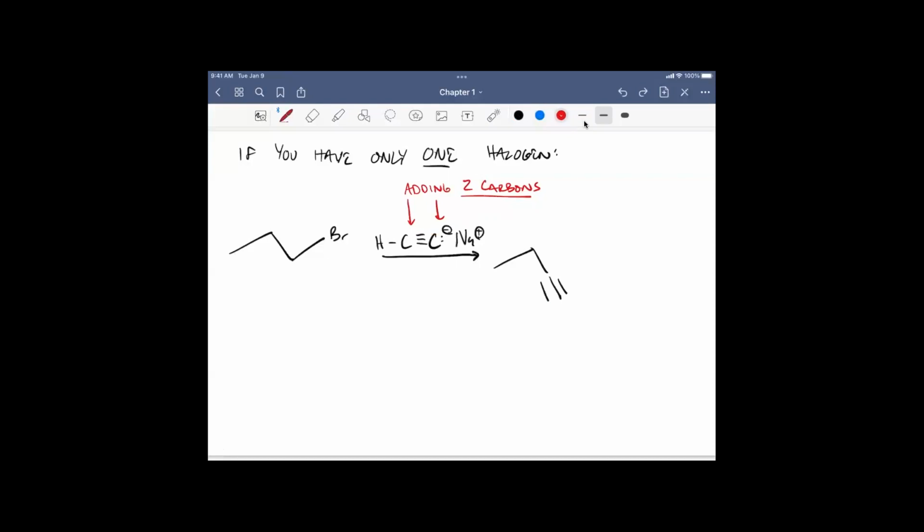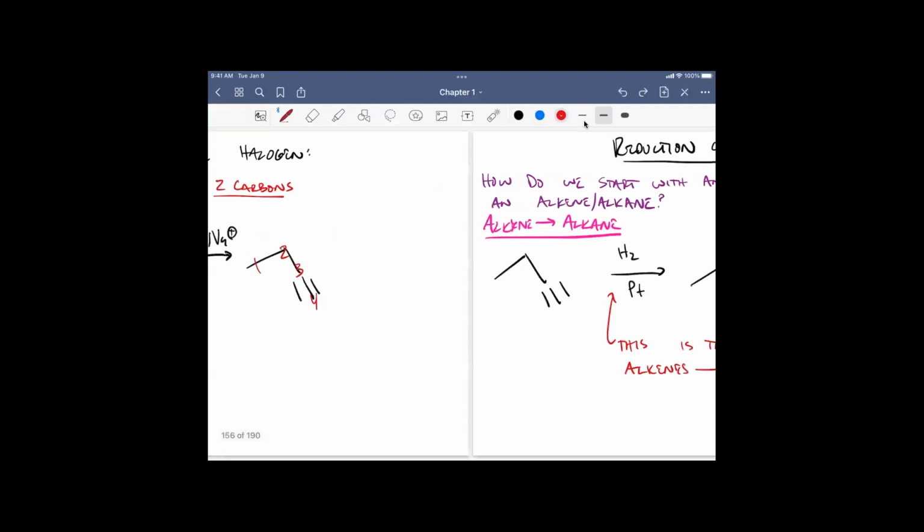So where we had 1, 2, 3 carbons, we have 1, 2, 3, 4 carbons that we end up with, because we're adding these carbons right here. So you should get more carbons in your product than you did in your reactant. So that's that reaction.